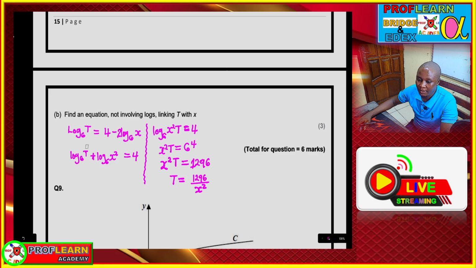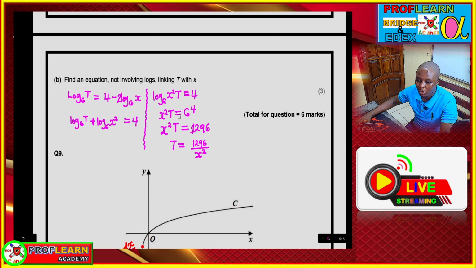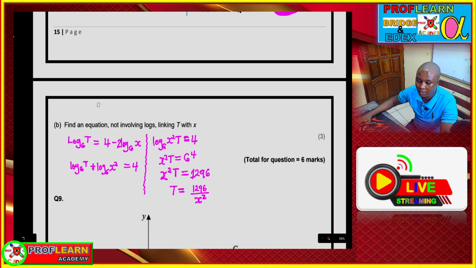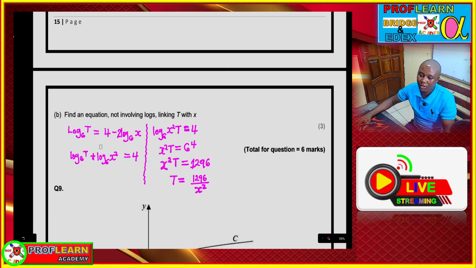And hence find the equation not involving logs linking t and x. So basically we are going to write the expression the way it is initially. Then we shall take all of this expression to the other side. We shall have log t plus log x squared.